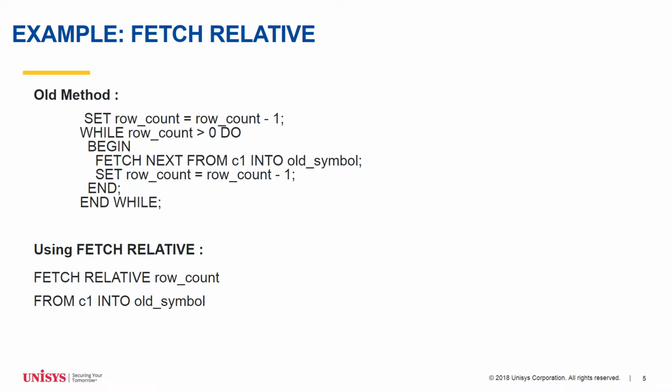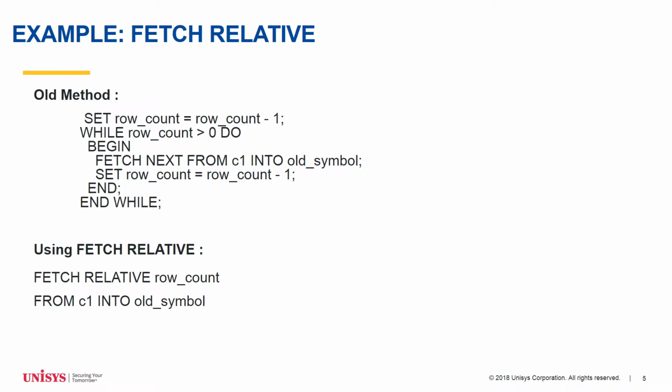Using the fetch absolute or fetch relative statement can eliminate the need to code a fetch loop, resulting in improved performance and simplification of code. In this example, we are looking to return the value at the midpoint in the cursor's solution set. The value, row count, was calculated using the number of rows in the cursor divided by 2.